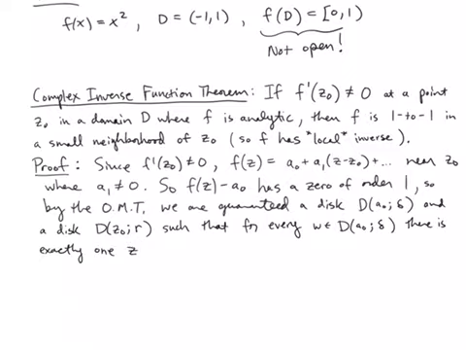And so remember, the number of solutions for f of z minus w, counted with multiplicity, is the same as the number of solutions to f of z minus a0, right? But the order of that 0 is 1, so there's only one solution to this, and so there must only be one solution to that as well.